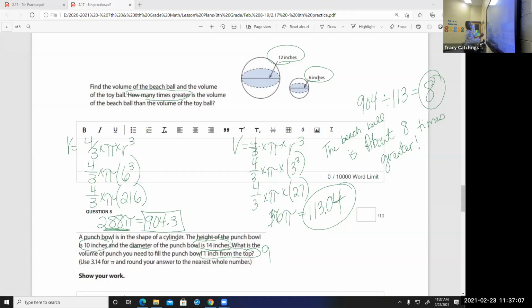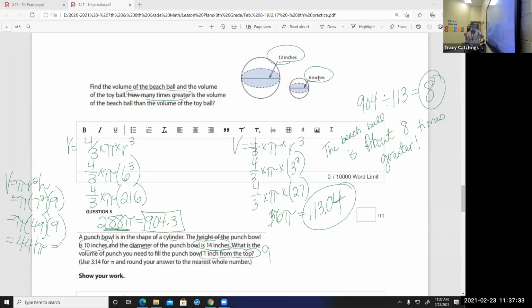All right, we have a cylinder. I think that's the simplest one. What's our radius? 7. And we already said the height is 9. What's 7 squared? 49 times 9 is 441, times pi.